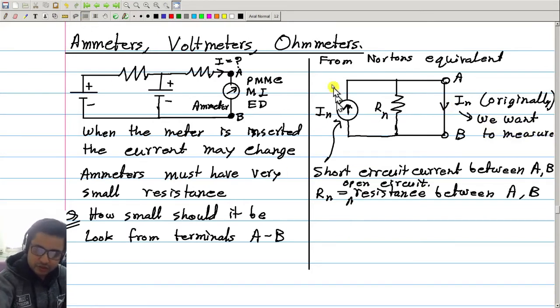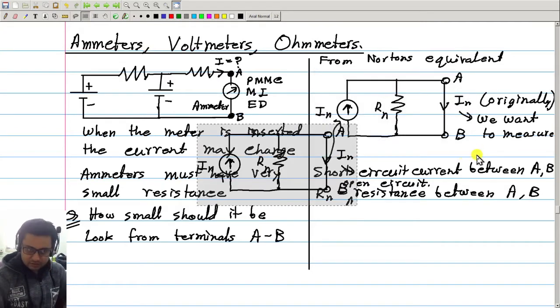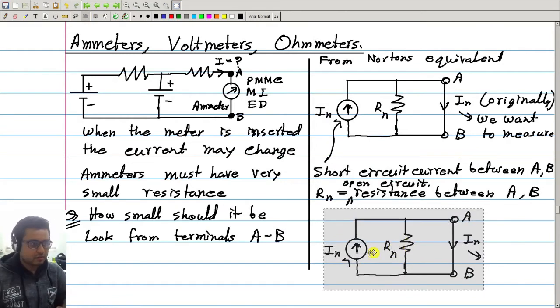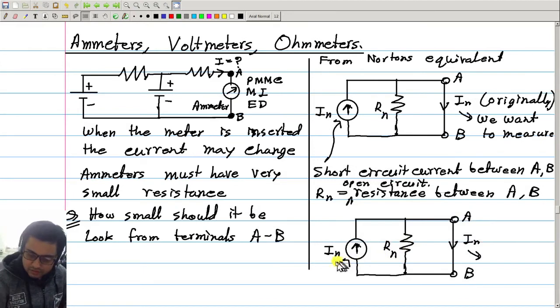We have inserted the ammeter here. Let me write A for ammeter.